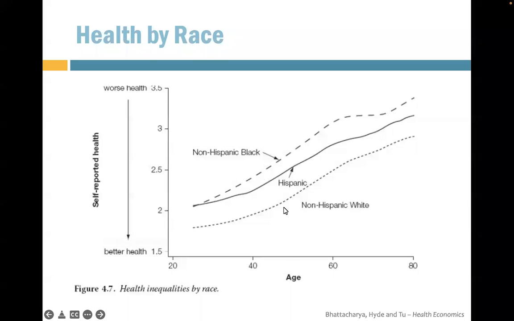In this graph, as people age, different race groups' health becomes worse, while non-Hispanic Black becomes worse faster, or is worse than Hispanic or non-Hispanic white. We can also see that the gap between these three different lines persists.